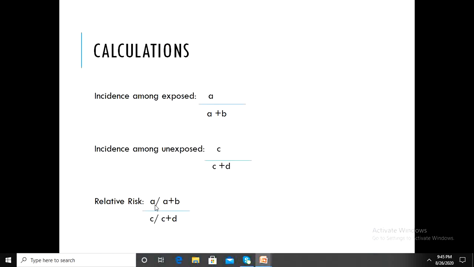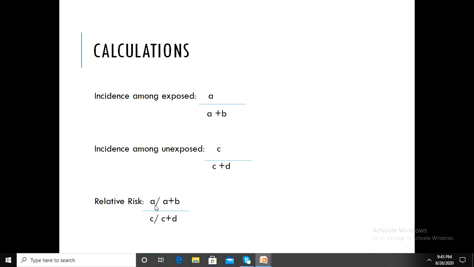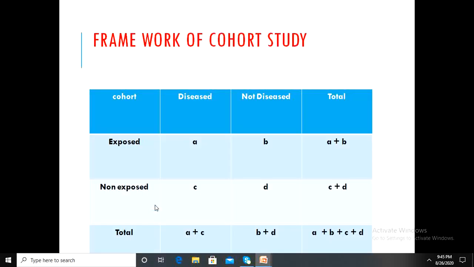Fine. So for cohort studies, what do we do? Incidence among exposed and incidence among non-exposed is calculated. The incidence among exposed is the number of cases which have occurred because of the exposure out of all those who were exposed.